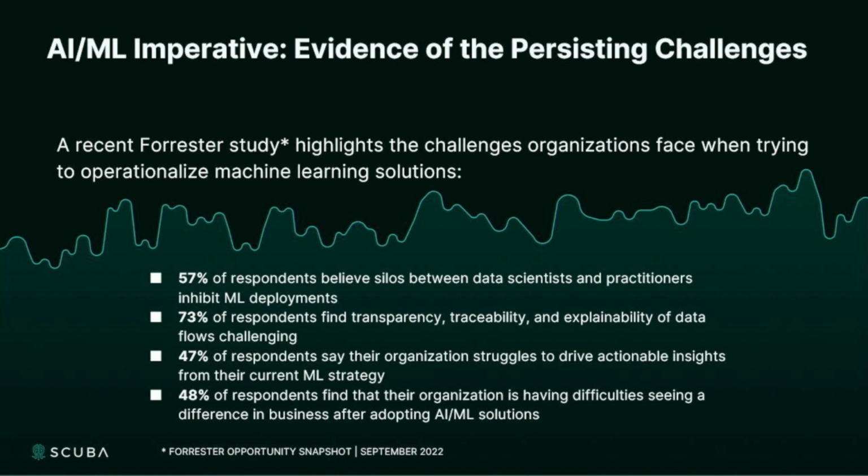This is not only my opinion. I mean, there's plenty of research out there, market research. Here I'm highlighting Forrester's recent study on challenges that organizations are facing when trying to operationalize machine learning and AI solutions. 57% of responders believe silos between data scientists and practitioners inhibit deployments. 73% of responders find transparency, traceability, and explainability of data flows challenging. 47% of respondents say their organization struggles to drive actionable insights from their current ML strategy.